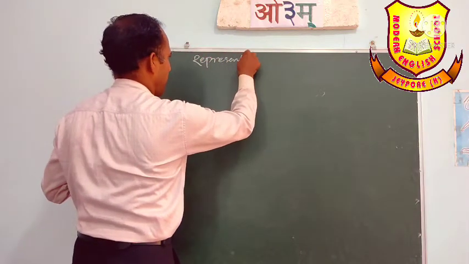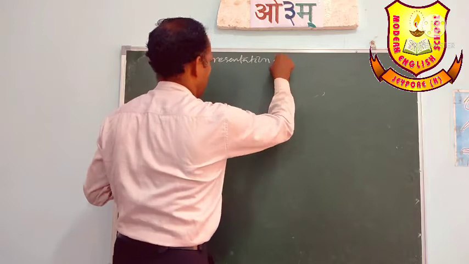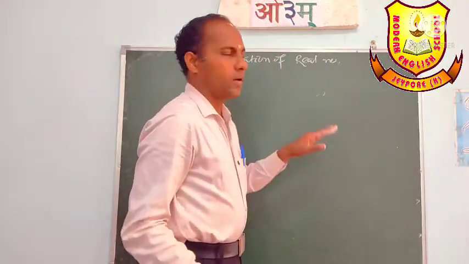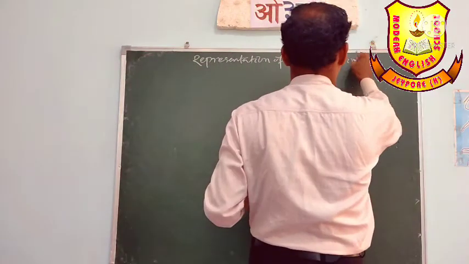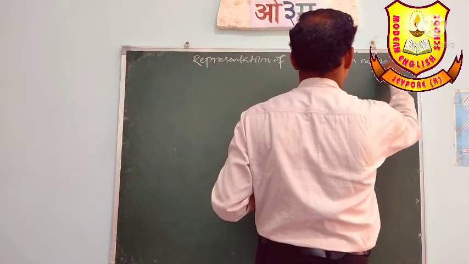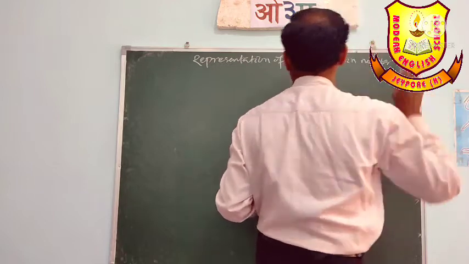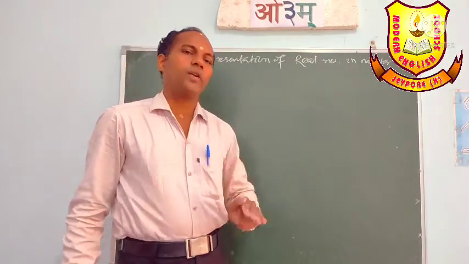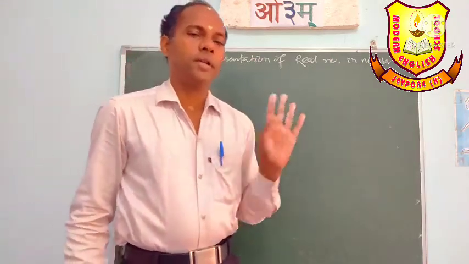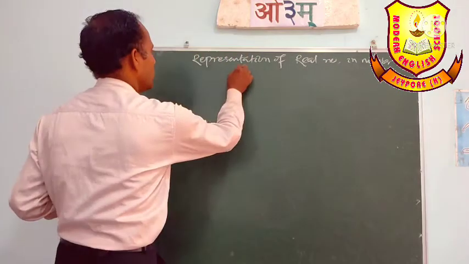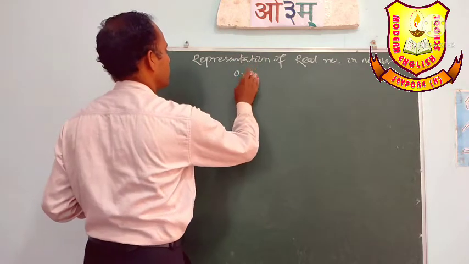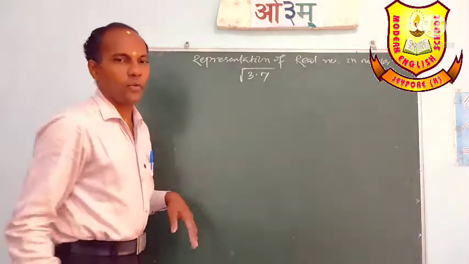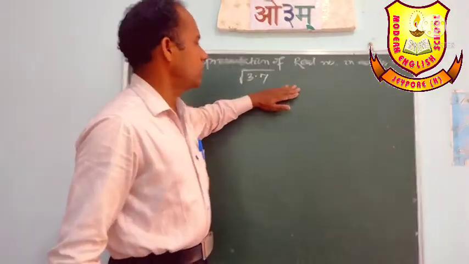Representation of real numbers on the number line. Generally, we'll take the square root of 3.7.